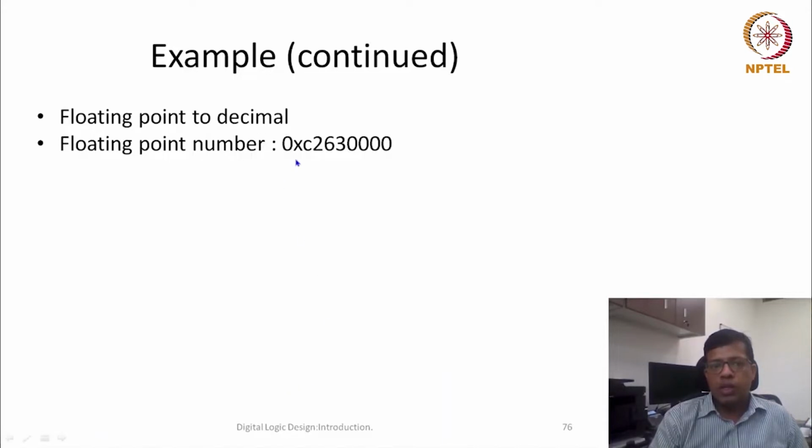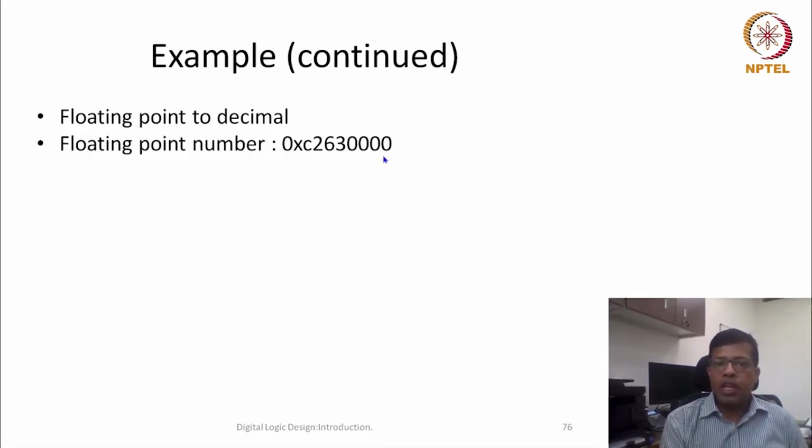Let's say for example the floating point number is 0xC2630000. If such a number is given to us, how do we start? First we will represent this hexadecimal number in binary.